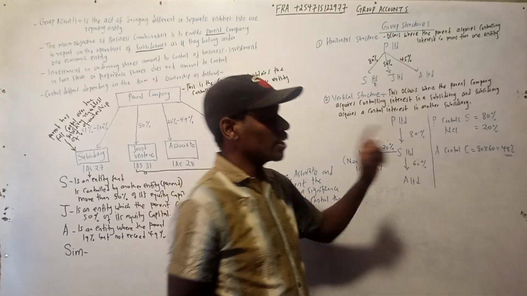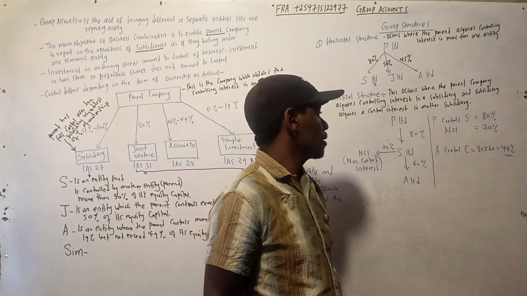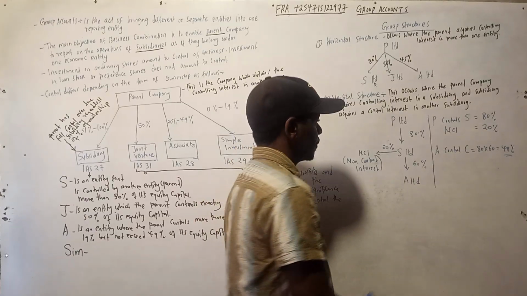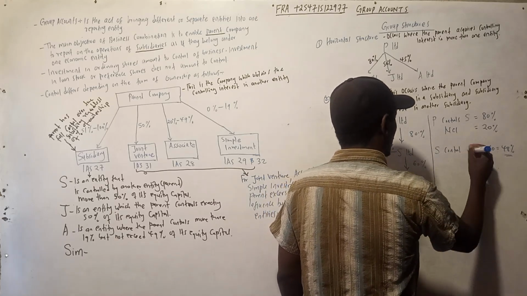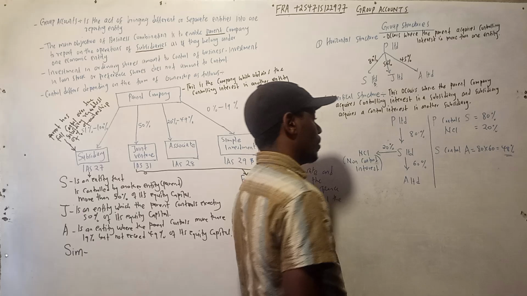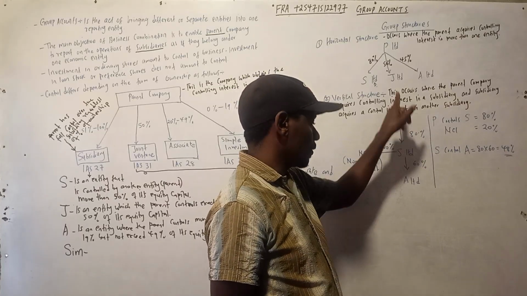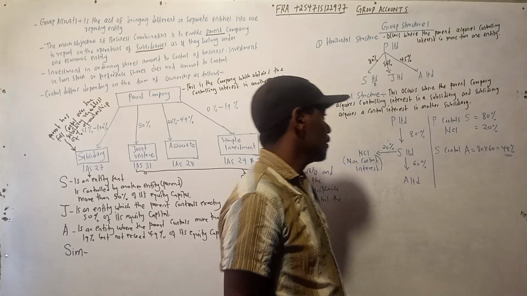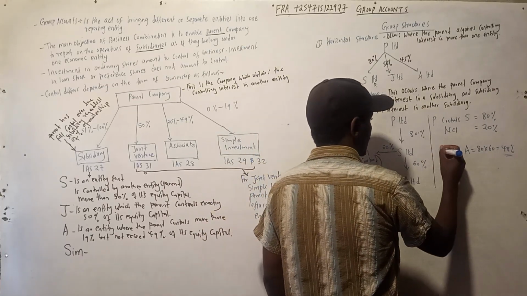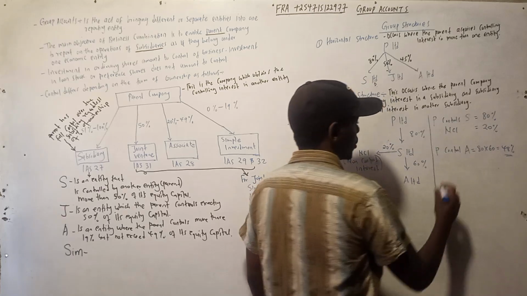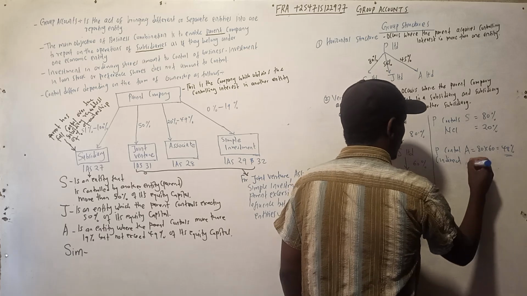Now that is the aspect of control. So P controls S 80%. Then S controls A. By how many percent? You take 80 times 60, that is the vertical. So 80 times 60, which is 48. Supposed to be P. P controls A, but remember this is an indirect control.